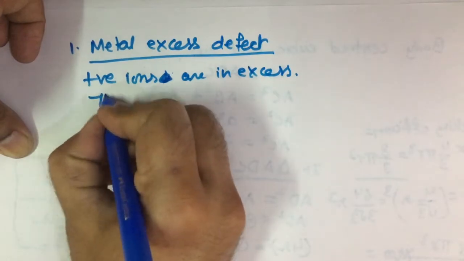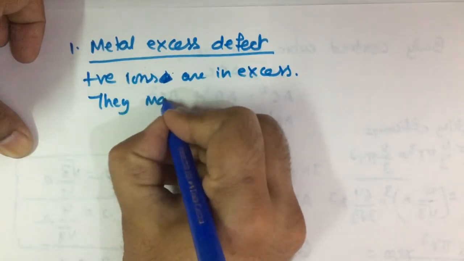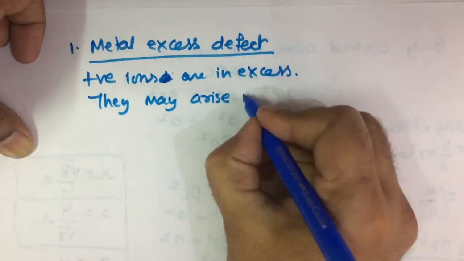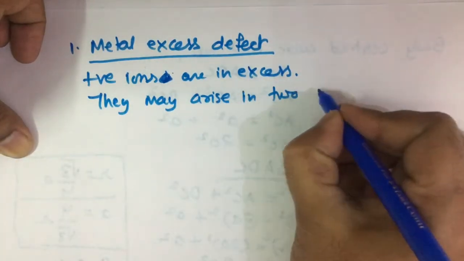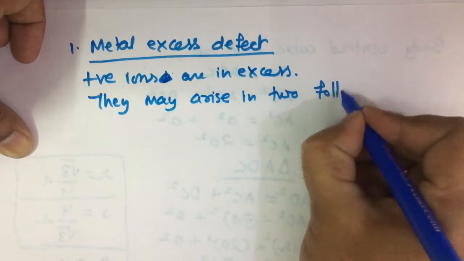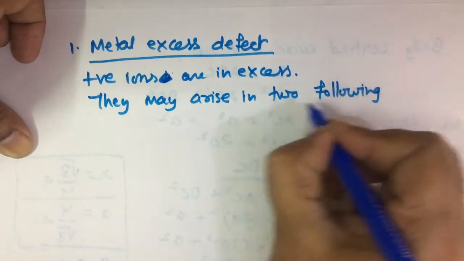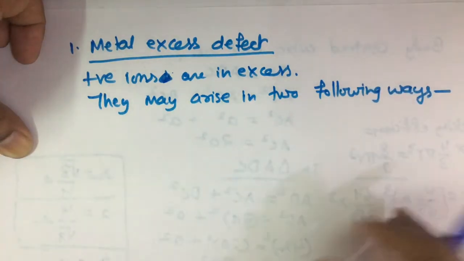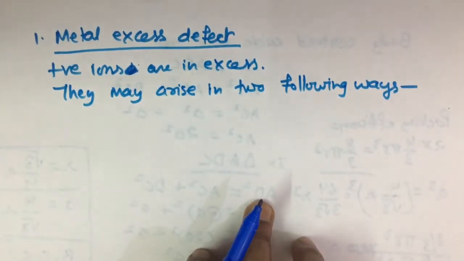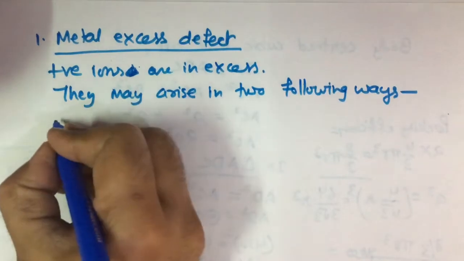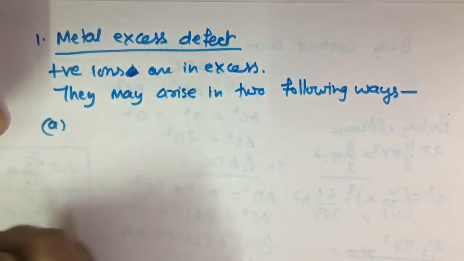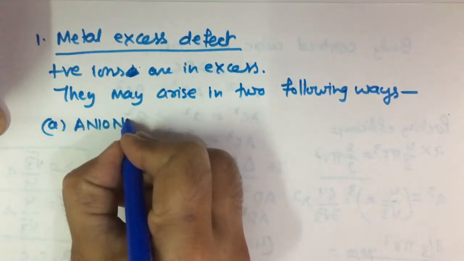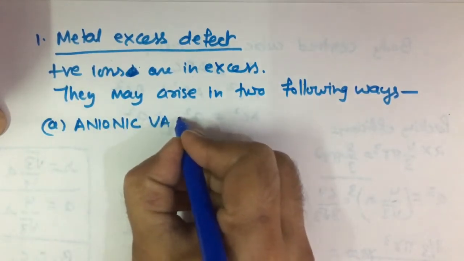Now they may arise in two following ways. They may arise in two following ways. The first is anionic vacancies.